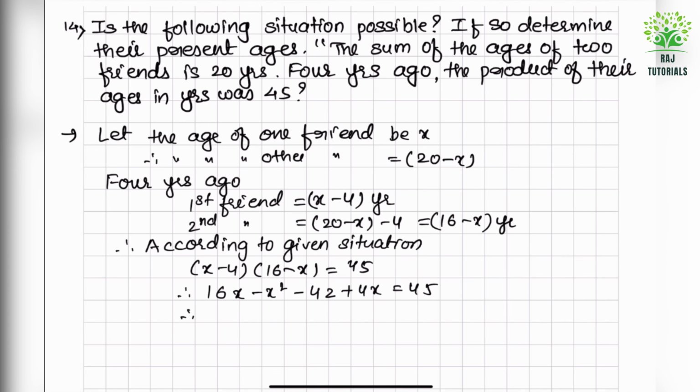So therefore, x square minus 20x plus 109 equals 0.